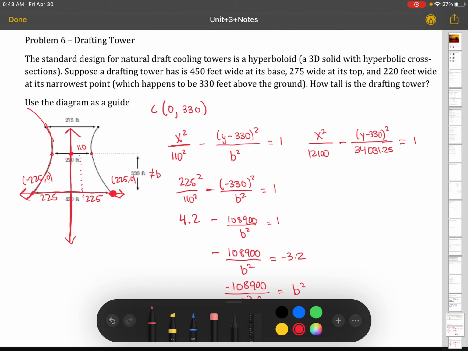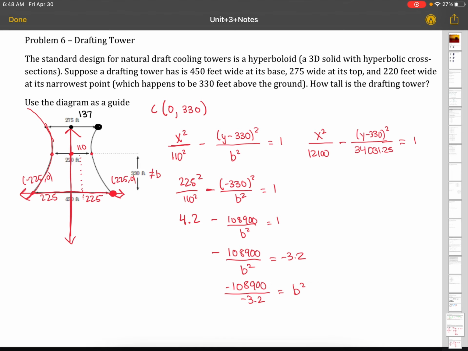And to find the height of the silo, we just want to find the y coordinate here. So the top is 275 feet wide. That means that from the center, you would have to travel half of that, which is 137.5.